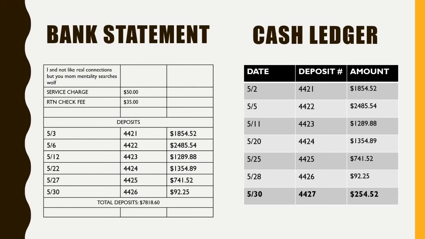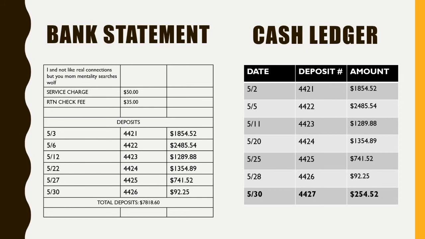So I'm going to assume, let's check it out. My deposit on 5/30 for $254.52, or in this case, I recorded my deposit number. Did deposit number 4,427 clear? Let's double check. You've got 21, 22, 23, 24, 25, 26.